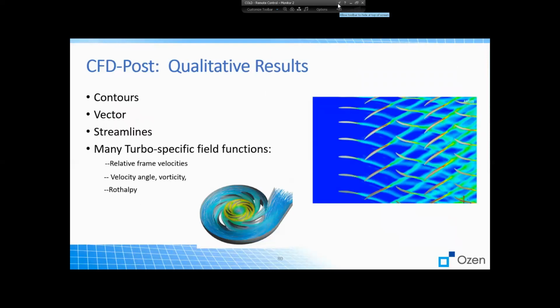And for qualitative results, we have standard options inside CFD Post, which are contours, vectors, streamlines. And you have some additional options when you're dealing with turbo machinery, such as relative frame velocities, velocity angle, vorticity, or orthogonality. These are things that become active as soon as you have a turbo problem.